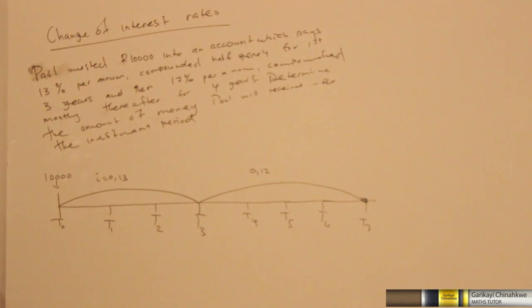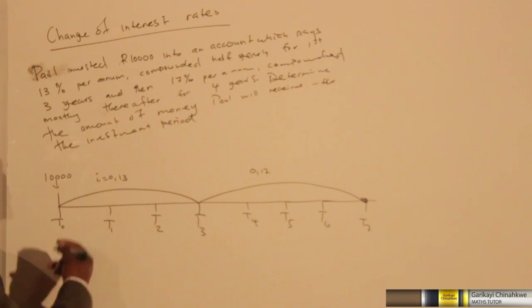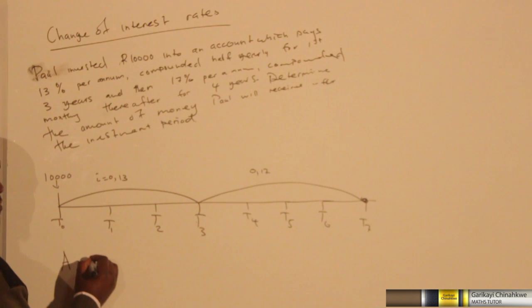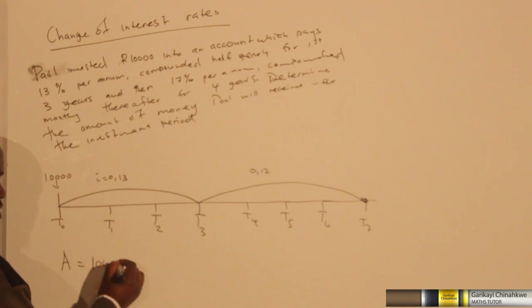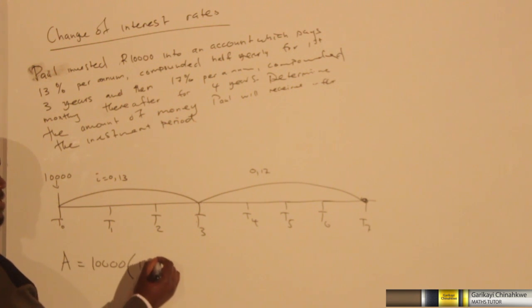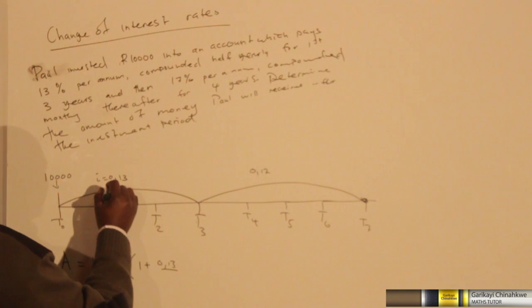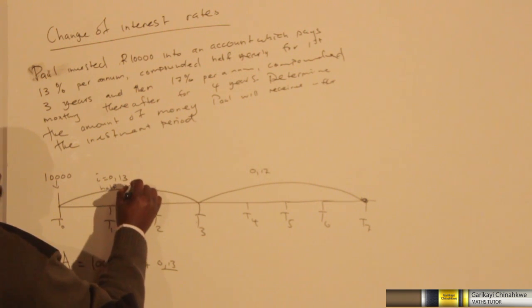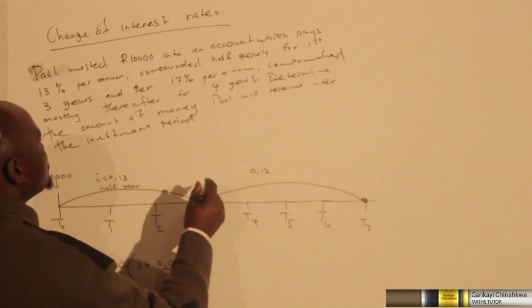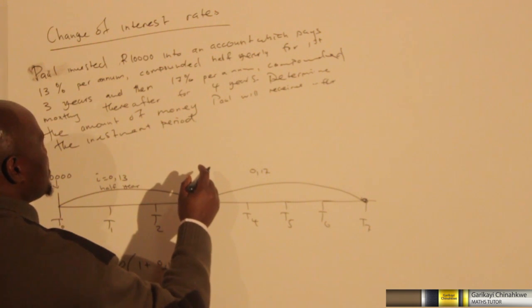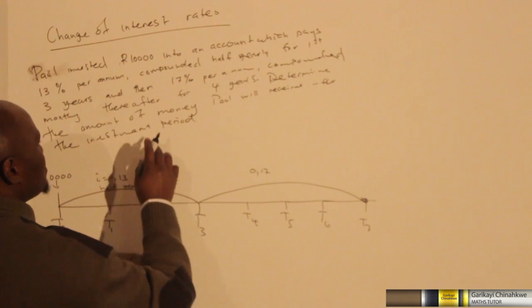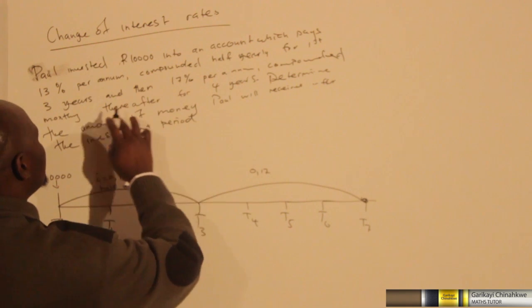It's very easy. We know that it's compound interest. You're just going to say A is equal to 10,000, you grow this 10,000 by 1 plus 0.13 compounded half yearly, then 17% compounded monthly.